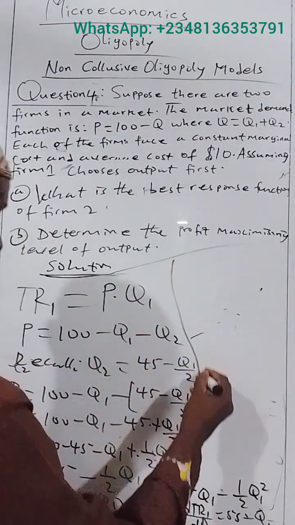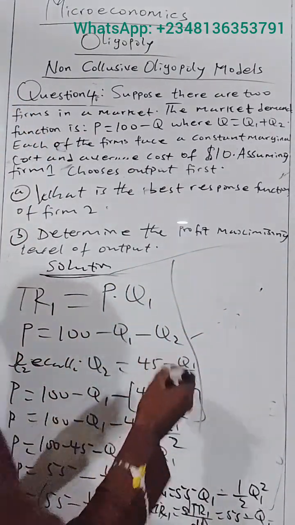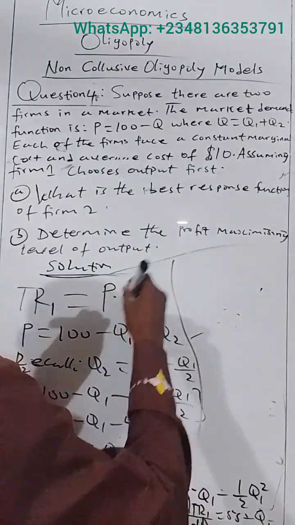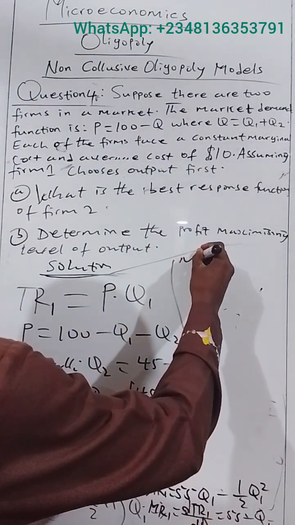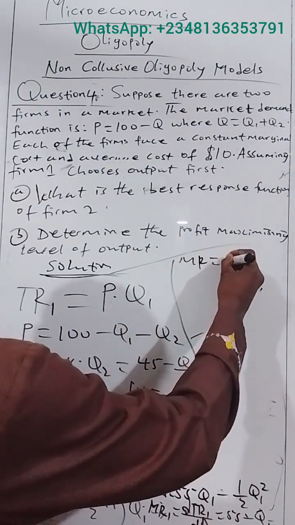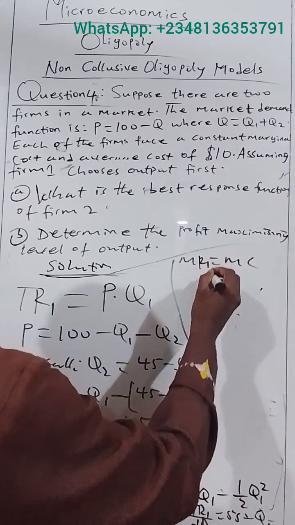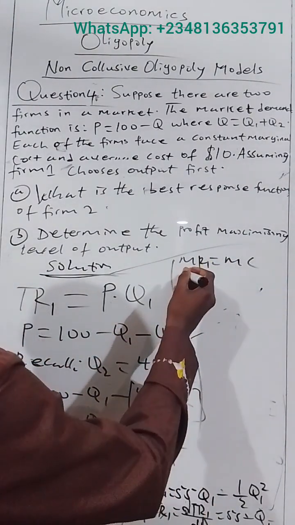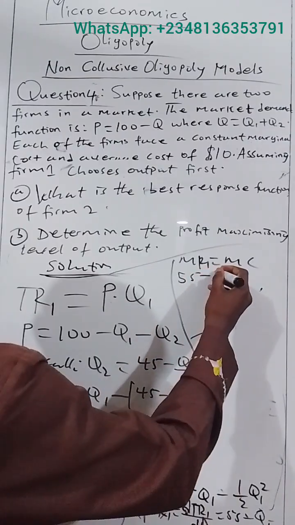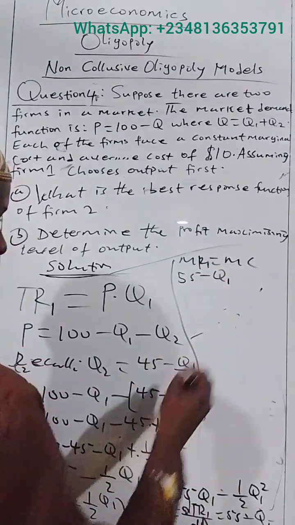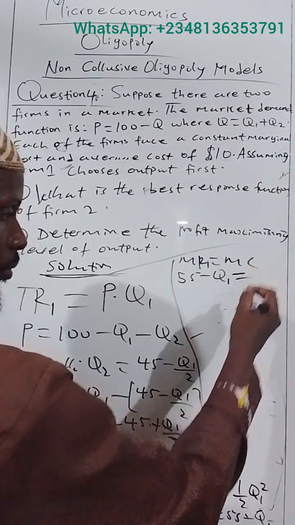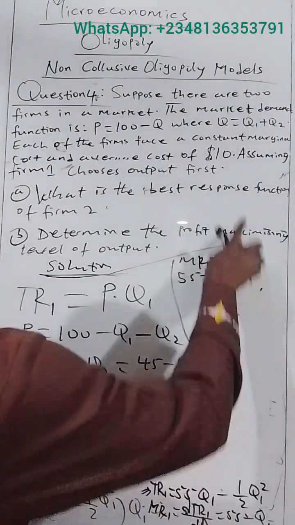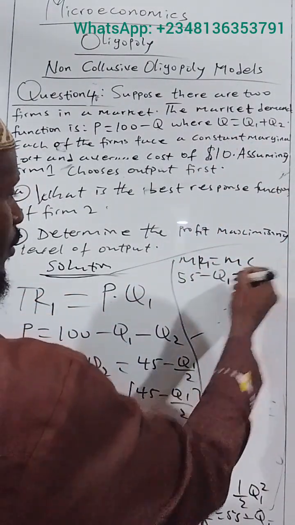Now, let me do the rest here, because of space. Then you recall the profit maximization rule that MR equals MC. In other words, MR1 is equal to MC. MR1 is 55 minus Q1, then equal to the marginal cost, which is 10, as we are given.